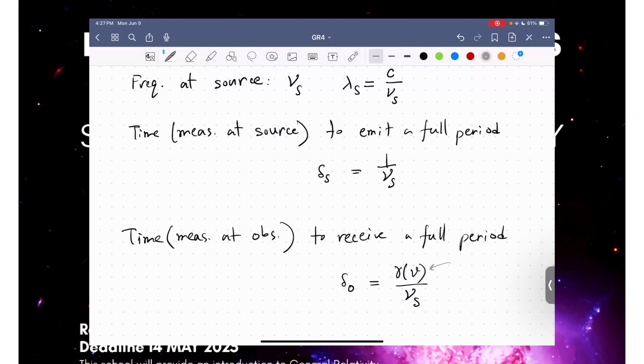Recall that this factor is just 1 over square root of 1 minus v squared over c squared.